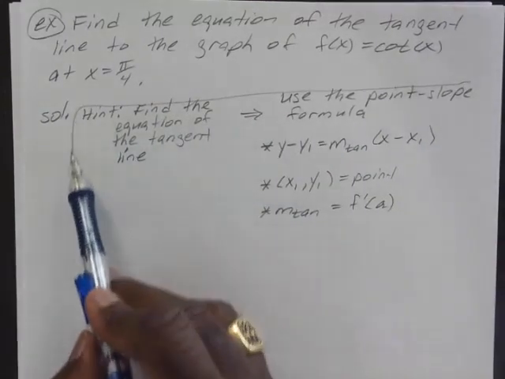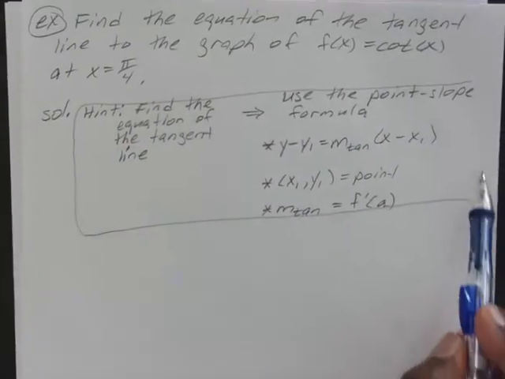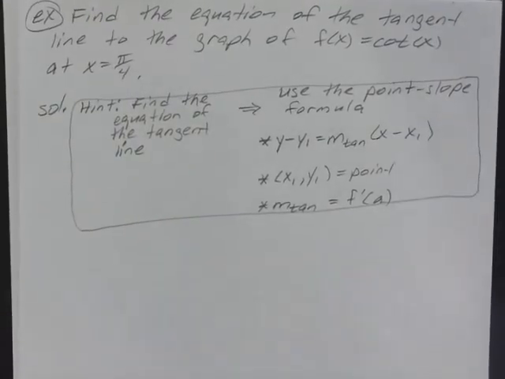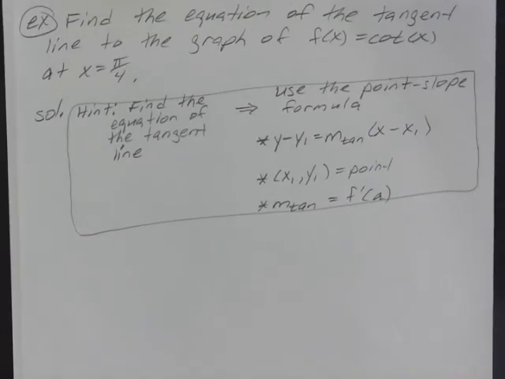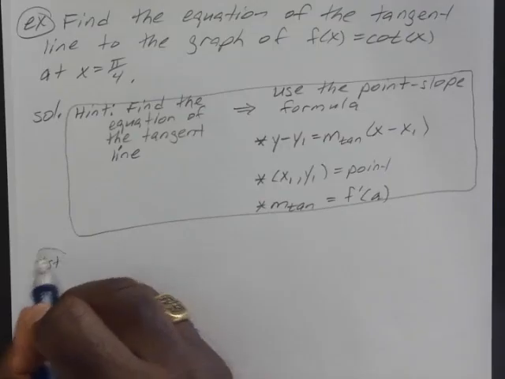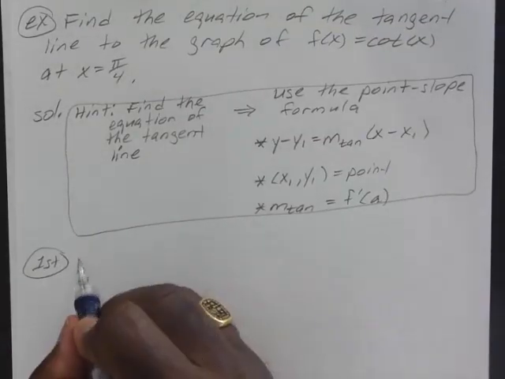Okay, so this is more of a little note, so we can kind of separate that from actually solving the problem. Okay, so first thing we're going to do is we're going to find our x1, y1.